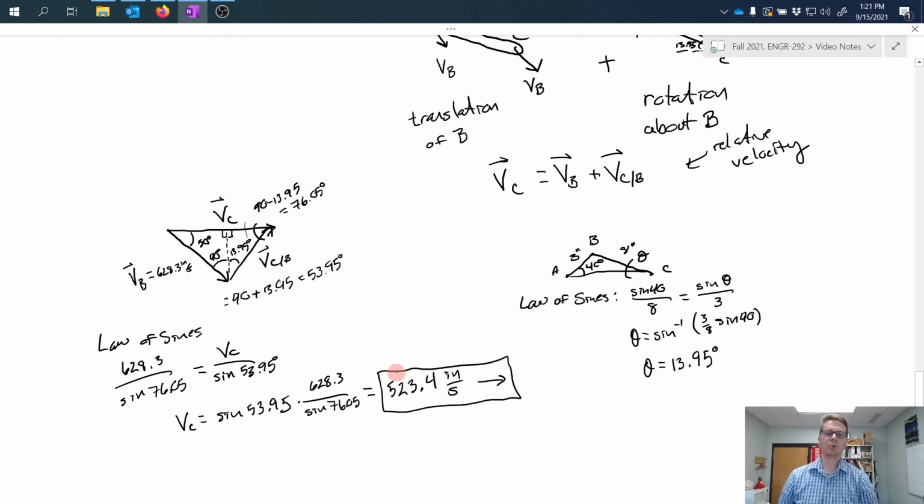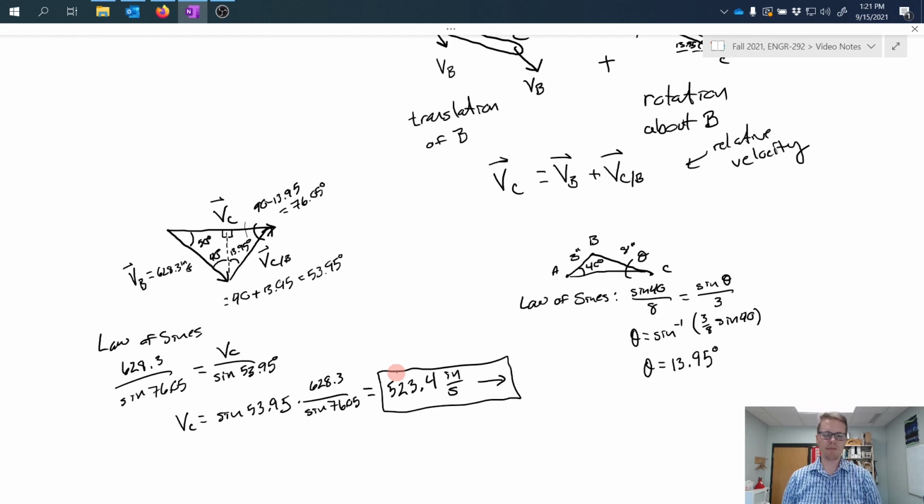Great. So because point C is located on my piston, I've solved for my piston velocity, and I know that at this instant in time with the geometry given, it's moving to the right at 523.4 inches per second. Now, of course, if I wanted to, I could solve for VC/B as well.